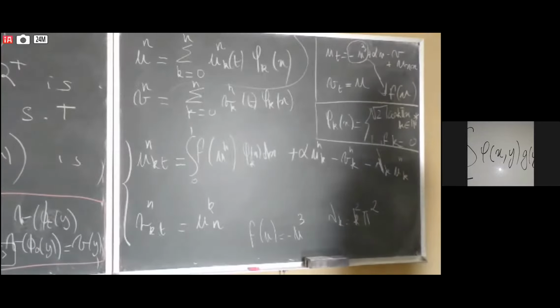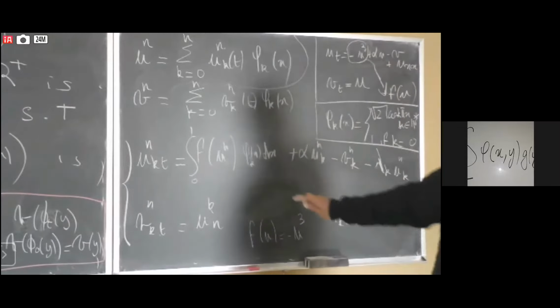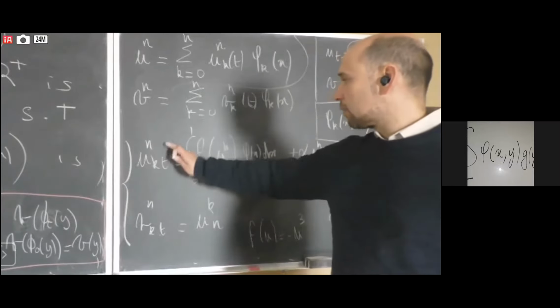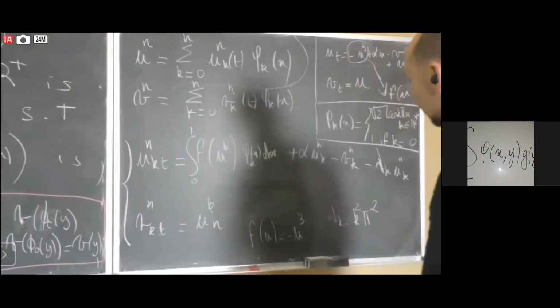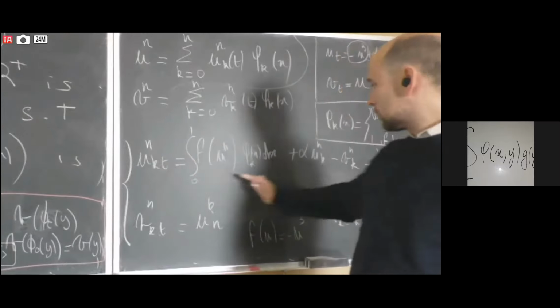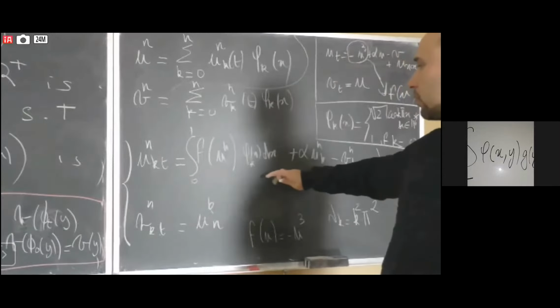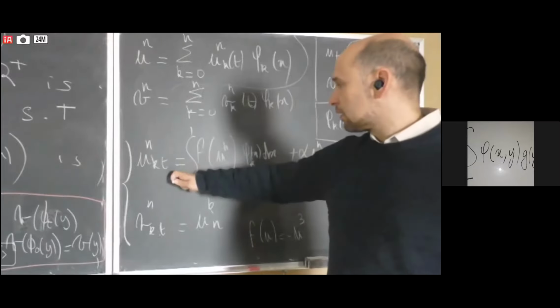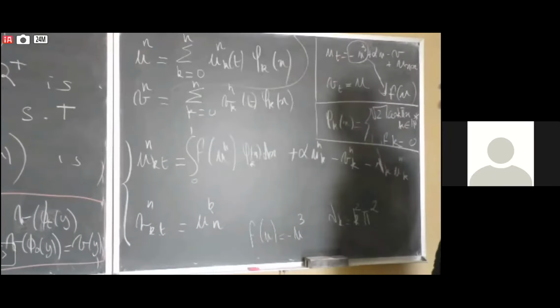Okay, now you can see that if you want, you can sum up now: you can multiply again by phi k and take the sum. So let's do this exercise. You multiply this equation by phi of k and take the sum. What do you find?